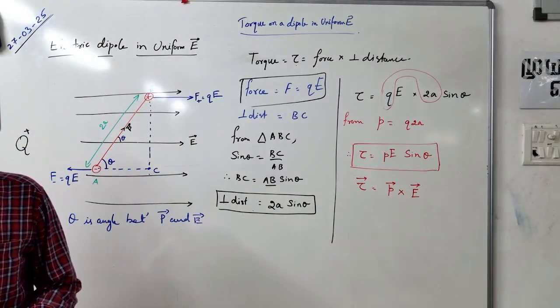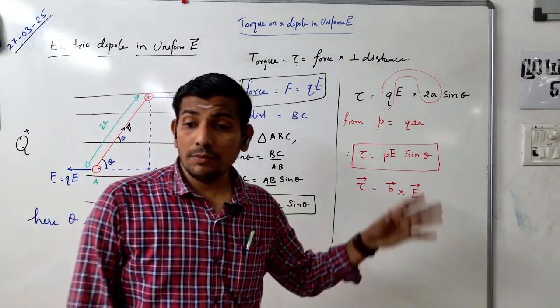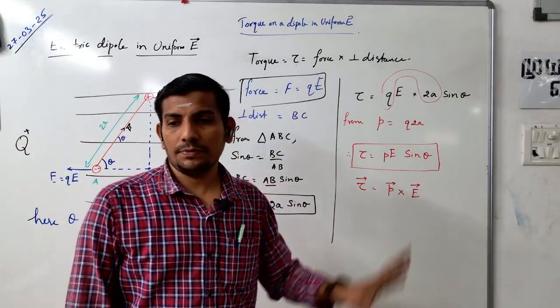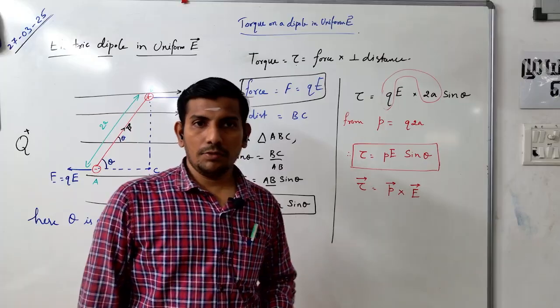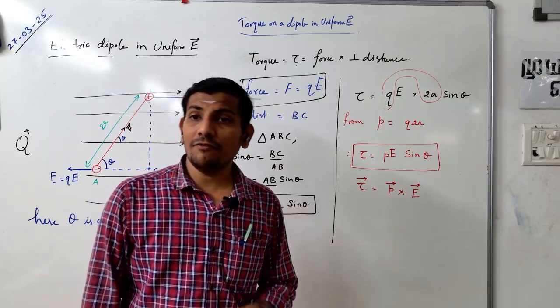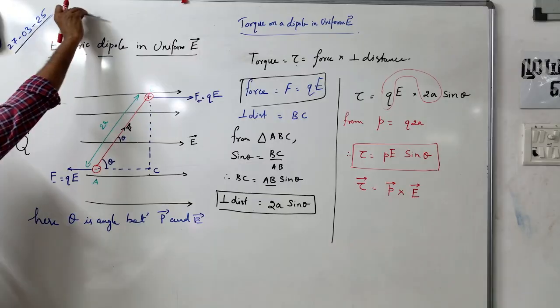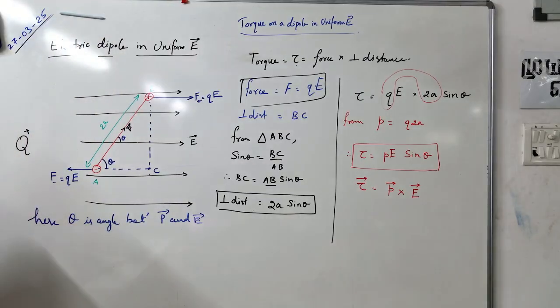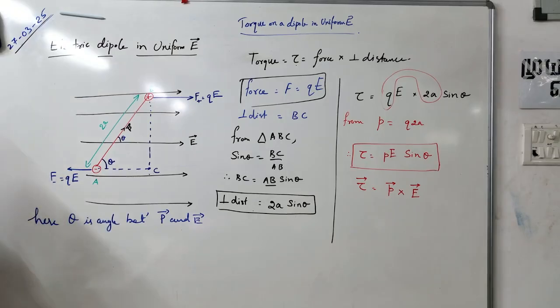Okay, let me take a small digression to compare the previous vector form equations and this vector form equation. Previously, we had two vector form equations: one is electric force, the other is electric field. Now we have the electric torque vector equation.